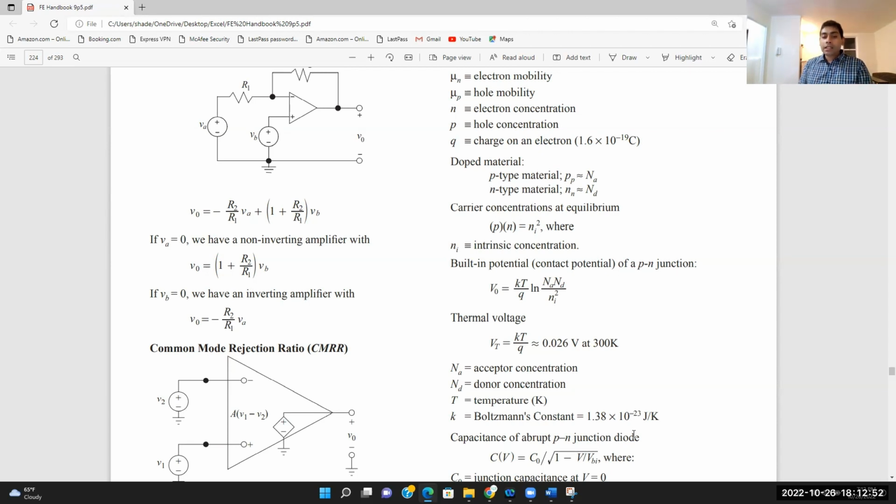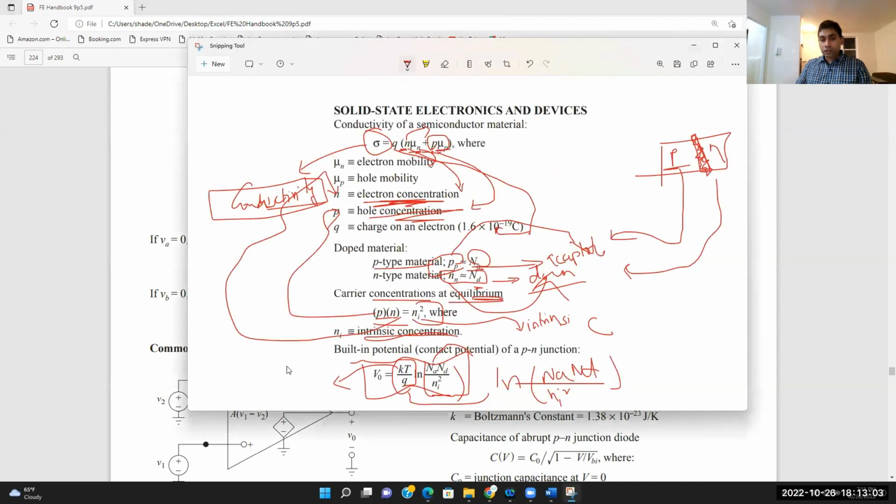N_A is the concentration of acceptor, N_D is the concentration of the donor. Once you multiply that and divide it by this, and you take the ln, and this is the Boltzmann constant, T is the temperature.